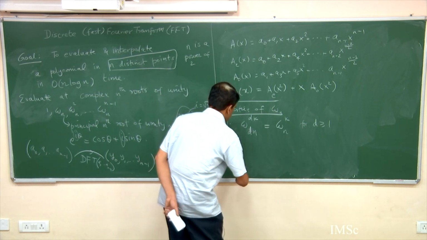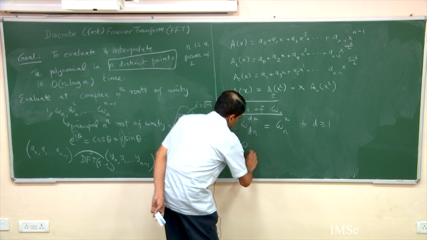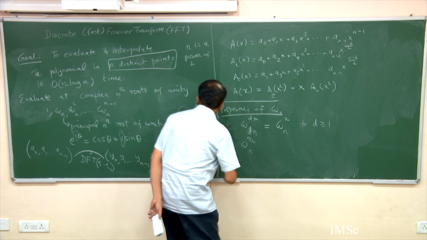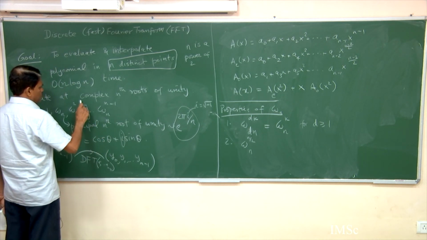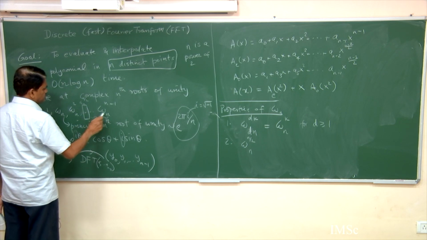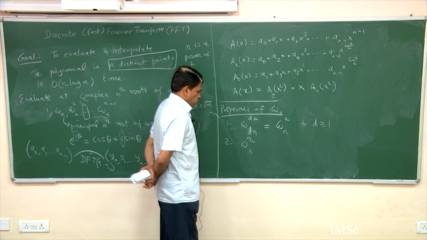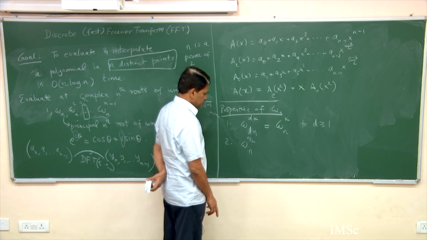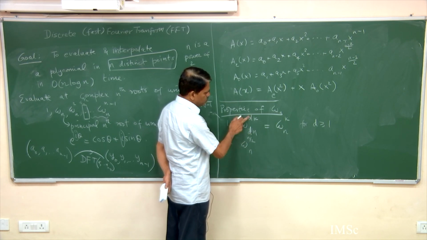So a corollary of this would be, what do I get if you look at omega n by 2 here, the halfway point? Think of this as 2 times n by 2 and 1 times n by 2. So d is n by 2.